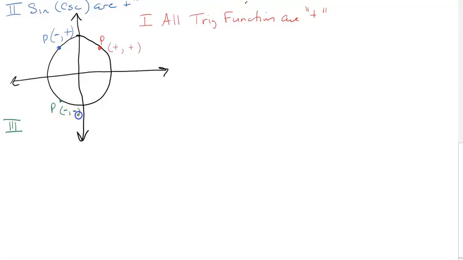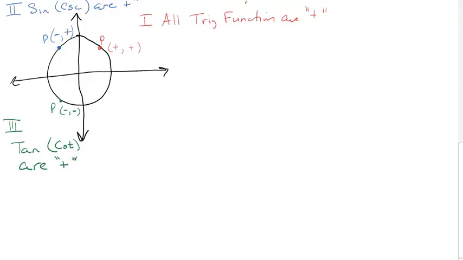Both x and y are negative values. Everywhere in quadrant 3, x and y are negative values. So that means your sines are all negative, reciprocal cosecants are negative, your cosines are negative, and your secants are negative. But what happens with tan? Tan is going to be the y over the x, negative over a negative, which is always going to be positive. So only tan and its reciprocal cotan are positive. Everything else is negative in quadrant 3.